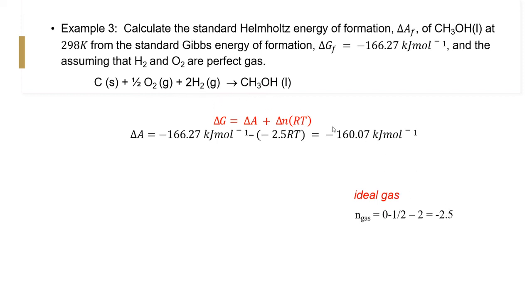You can derive it if you can't remember this equation, but you can simply take equation 7 and plug that in. Delta A is what you want to find. You have delta G given. You have minus that of minus 2.5. That gives delta A equals minus 160 kilojoules per mole.